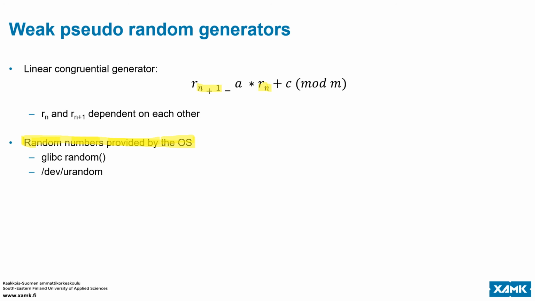And on Linux and Unix systems, there's also a system device called /dev/urandom, which is capable of generating some pseudo-random numbers. But these are not random numbers that you could use for encrypting data, because they suffer from the same problem as the linear congruential generator, in that the random numbers generated are not completely independent of each other.